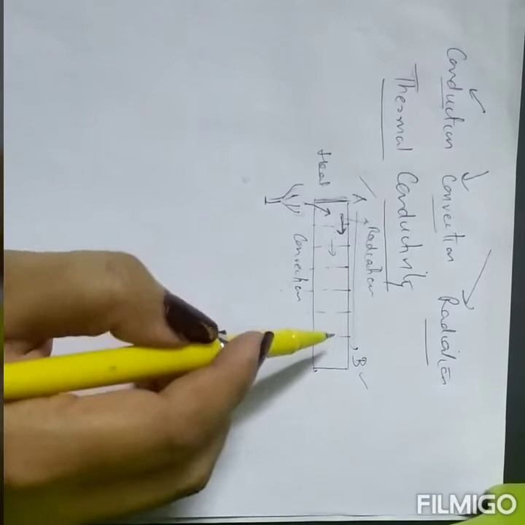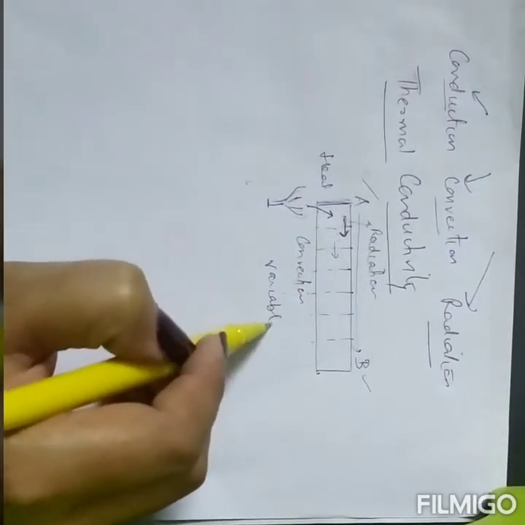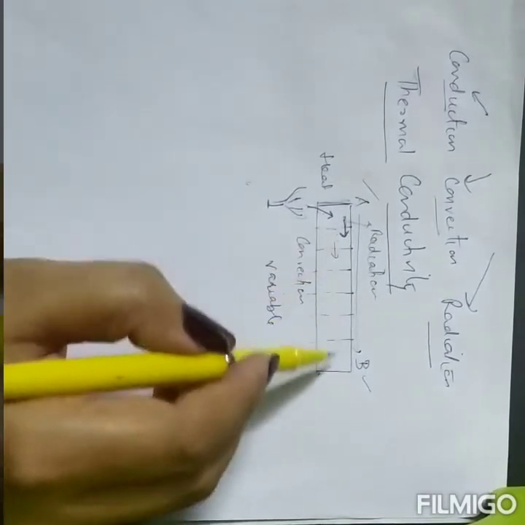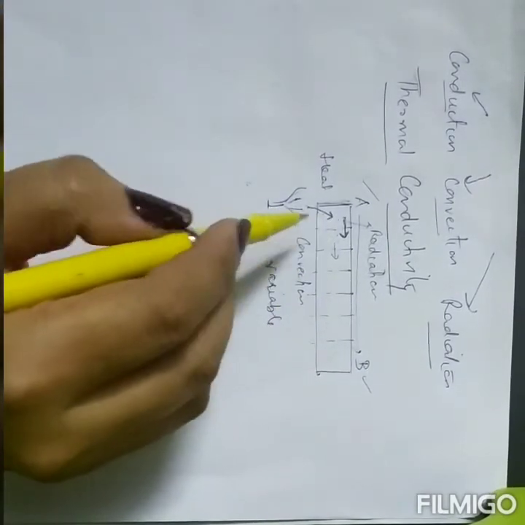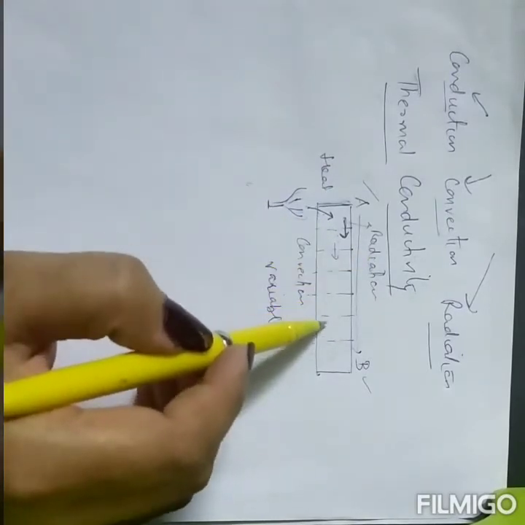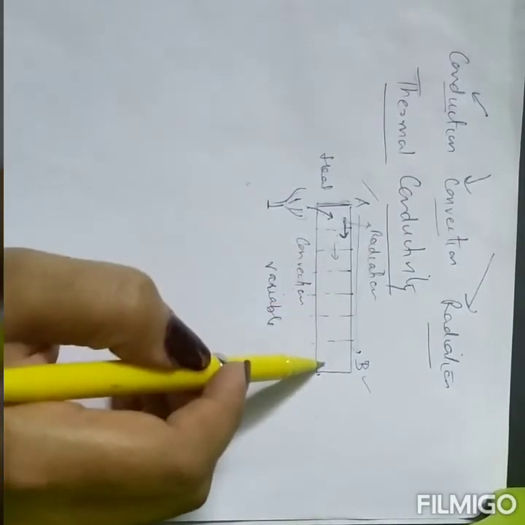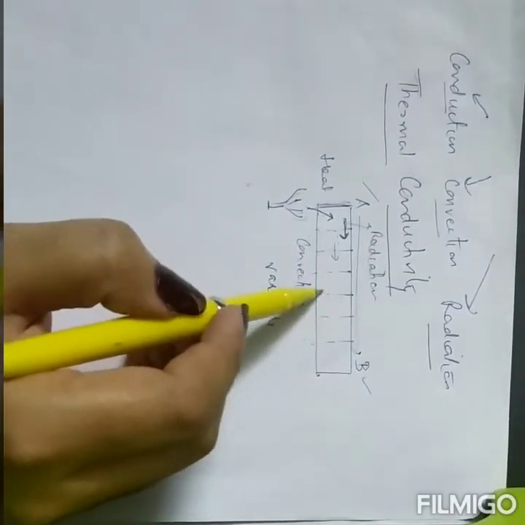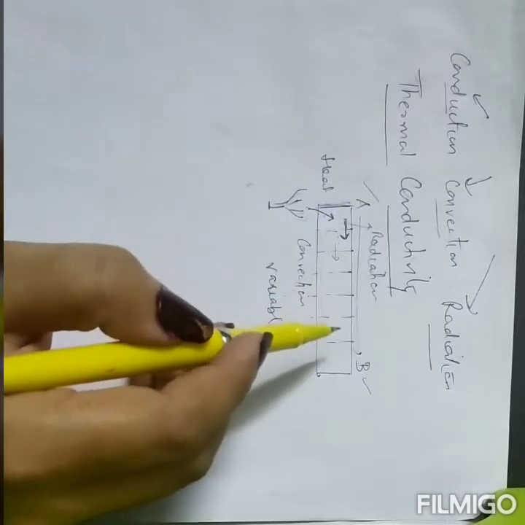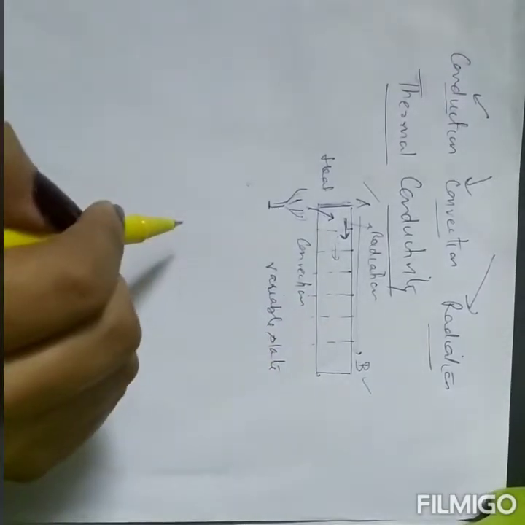Such a state of the rod is called variable state, because the temperature of each section differs and is not constant. The temperature of each portion keeps changing, and even the temperature of any particular section keeps increasing with time.